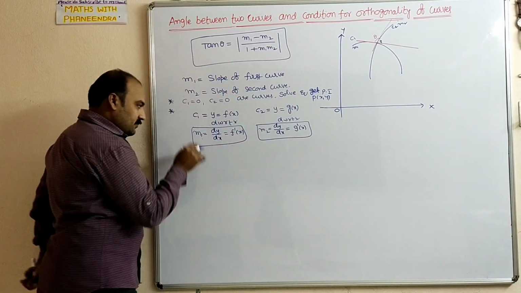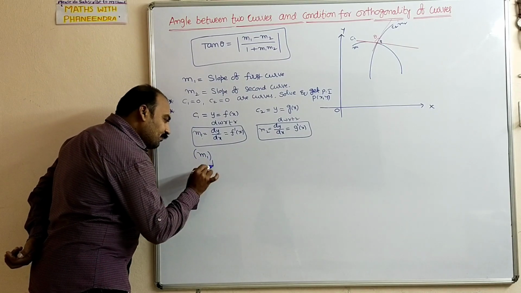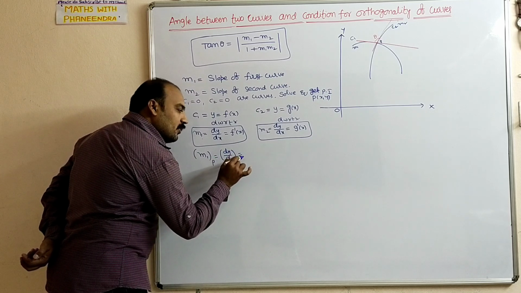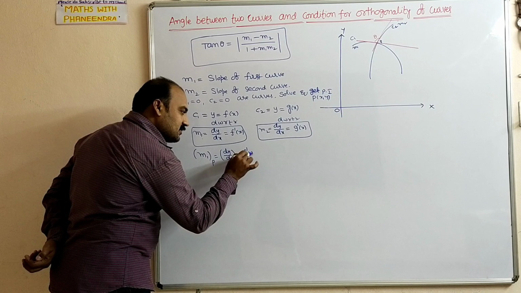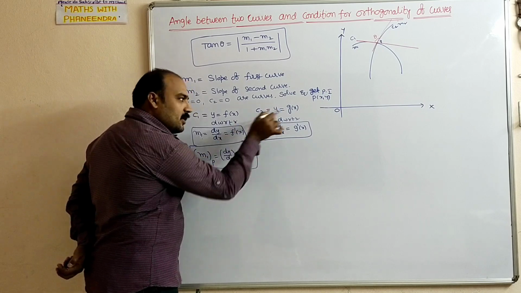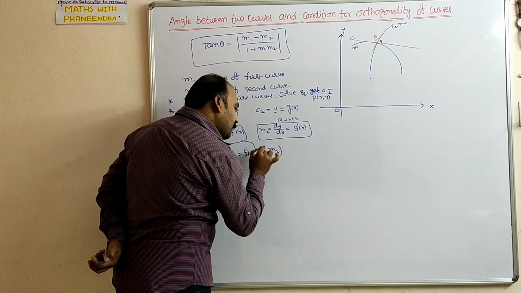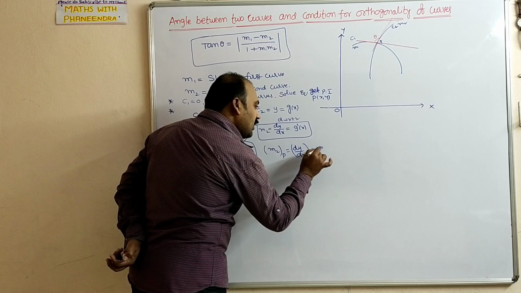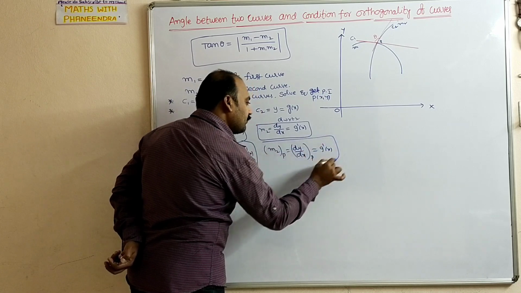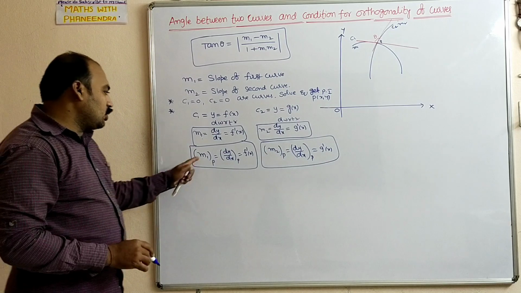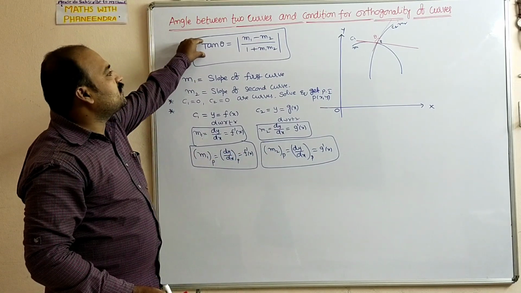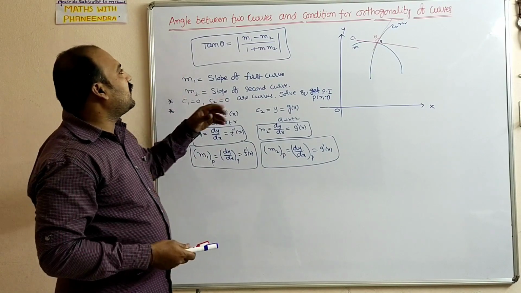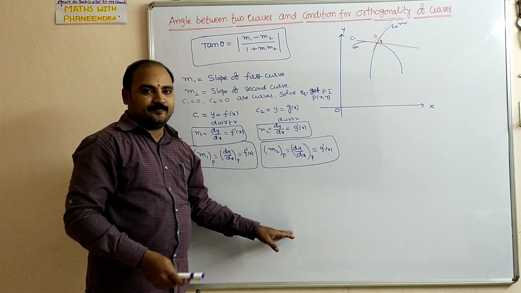After getting the point, m1 at point P is the slope of the first curve, dy by dx at P, that is f dash of x. Similarly, m2 at point P is dy by dx at P, equal to g dash of x. After getting the two slopes, you can apply tan theta equal to mod of m1 minus m2 by 1 plus m1 m2. This is the procedure to calculate the angle between two curves.